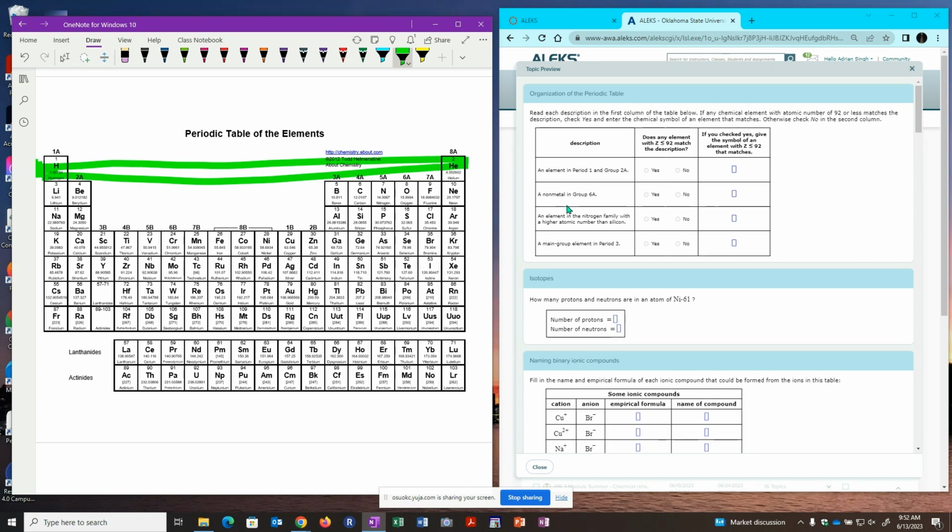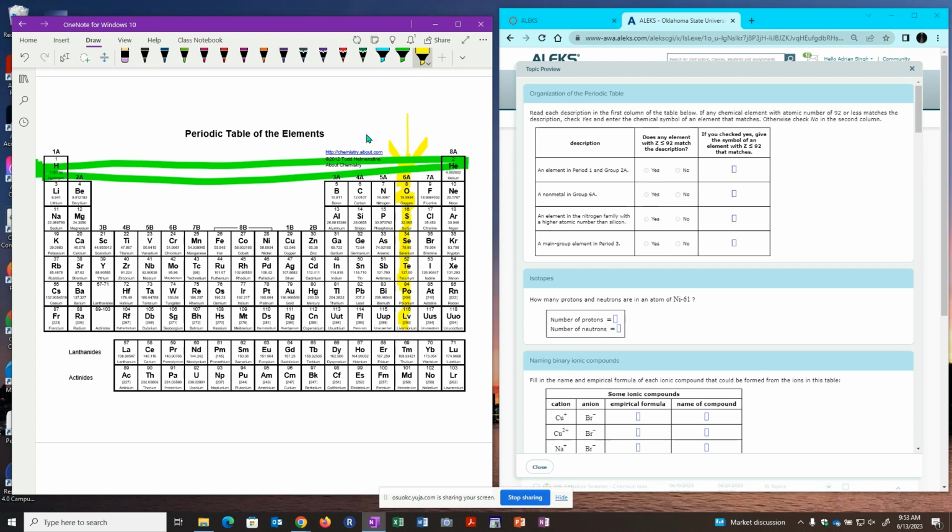And the second one, it says a non-metal in group 6A. So we locate group 6A. That's this column here. So the groups are the same as the columns. And we're looking for a non-metal. So the non-metals are found generally on the right side of the periodic table.